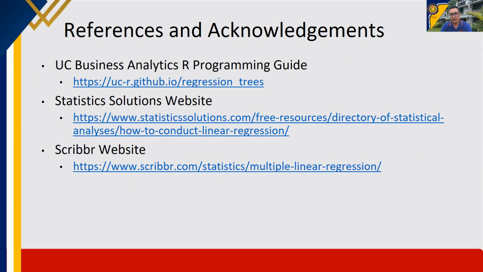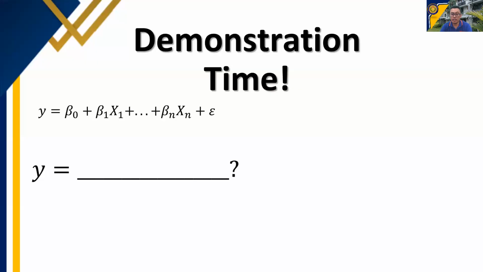Okay, so demonstration time. Take note of the multiple linear regression formula: y equals beta sub 0 plus beta sub 1 times x sub 1, and so on and so forth. It will depend on the number of independent variables you have, plus the error.